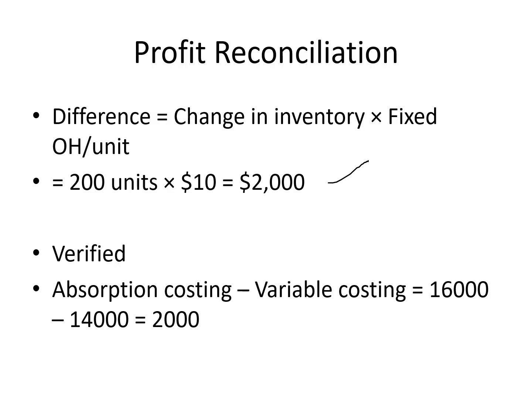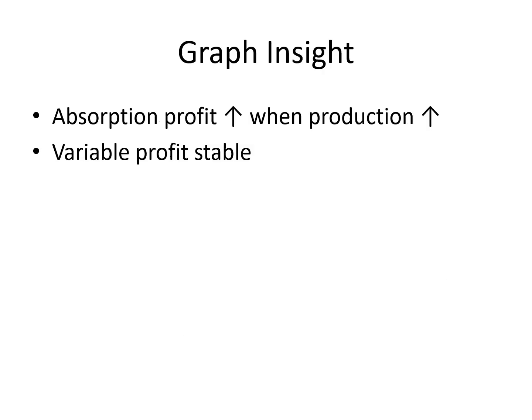So that's how you verify. Your profit will reconcile if you subtract the profit from variable costing from the profit from absorption costing, 2000. So if this matches, your calculation is absolutely right. The only difference is changes in inventory times the fixed overhead per unit.